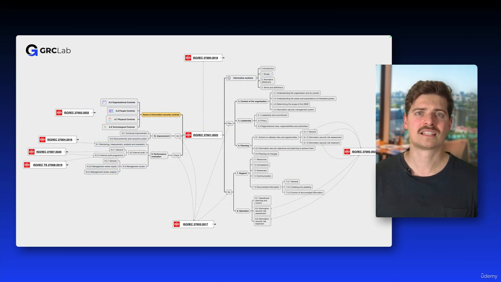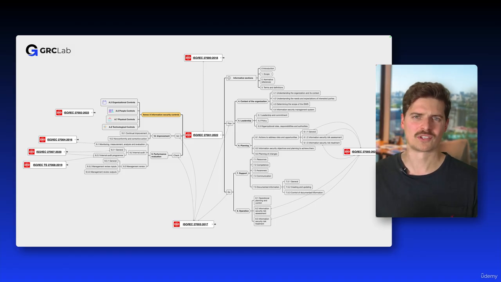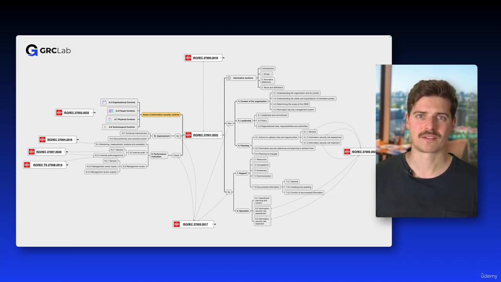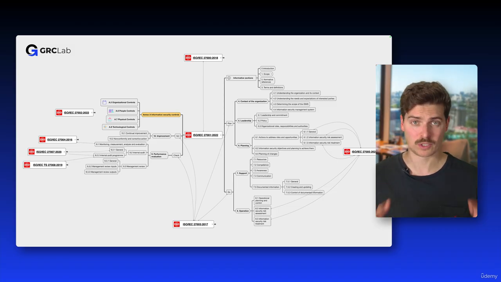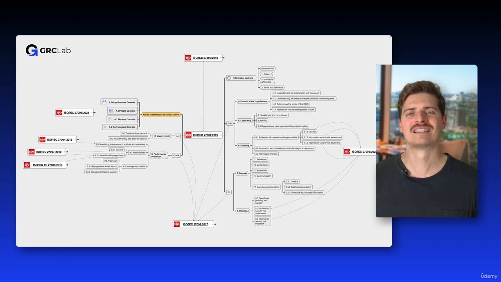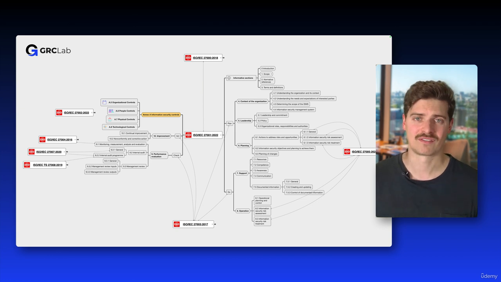On the next slide, you can see the ISO 27001 standard depicted as a mind map with all its chapters and subchapters and clauses and whatever you want to call it. There's obviously limited information in the ISO 27001 standard. It's just about the requirements, and that's pretty much it. Of course, you can always dig a little deeper, get more information, and be more specific. And this is the job of general and sector-specific guidelines.